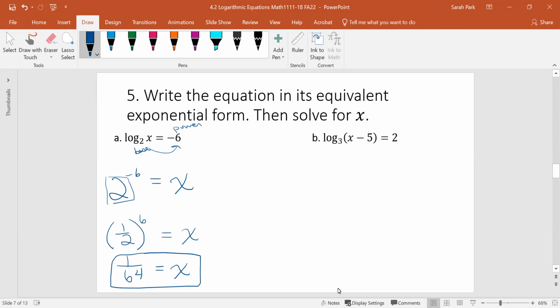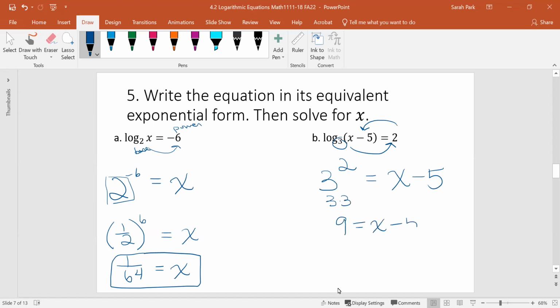Let's try this one here. Example B, log base 3 of x minus 5 equals 2. So start with the base 3, and we raise it to the 2nd power and set it equal to x minus 5. 3 squared is 3 times 3, which is 9.